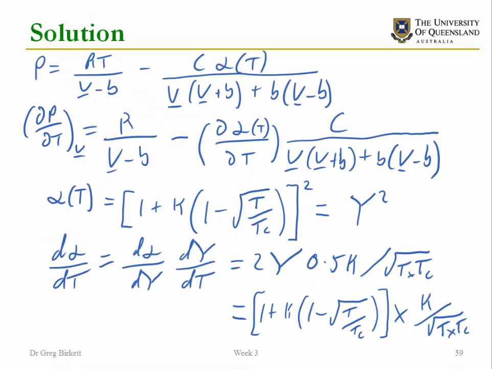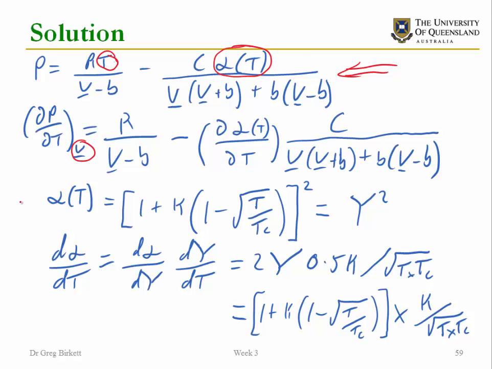To get the partial derivative for the Peng-Robinson equation, we can split this into two parts. I've written out the equation up here. Then we take the differential and we lose the T term here, and the second term of the equation is alpha T. Because all this other stuff is just a function of volume, and we're differentiating with respect to constant volume, we're only interested in this alpha term.